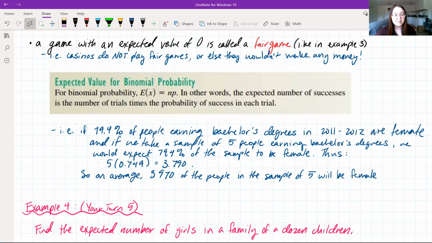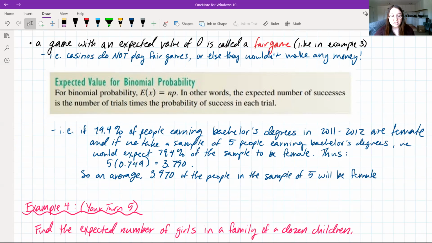So for our expected value for binomial probability, this is just a definition that we use to say that for binomial probability, our expected value is just equal to n times p. So in other words, the expected number of successes is the number of trials times the probability of success in each trial.